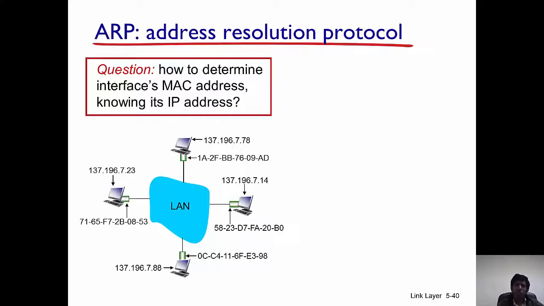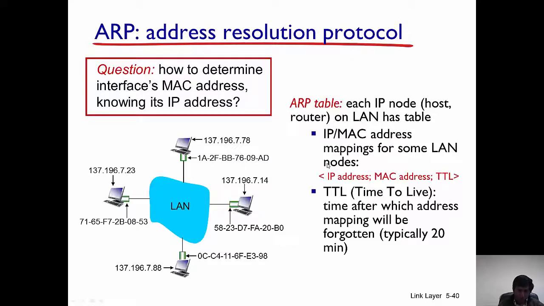So the next question is, how do you obtain a MAC address? If you know a host IP address or an interface IP address, how do you determine its MAC address? The answer is you use the address resolution protocol and the ARP table to determine the MAC address from the IP address.